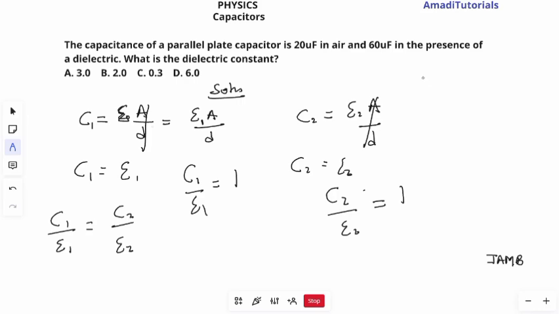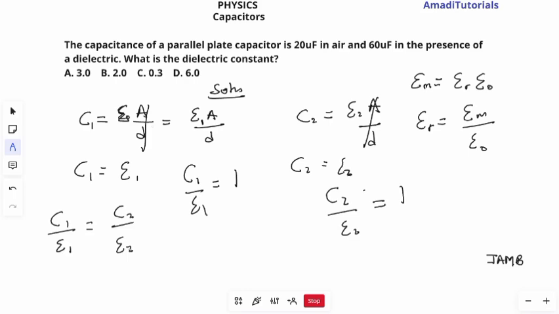Then you have to recall that the dielectric constant for any material medium is given as the relative dielectric constant times the dielectric constant of air or vacuum. You understand? So the relative dielectric constant is the dielectric constant of the medium divided by the dielectric constant of air.